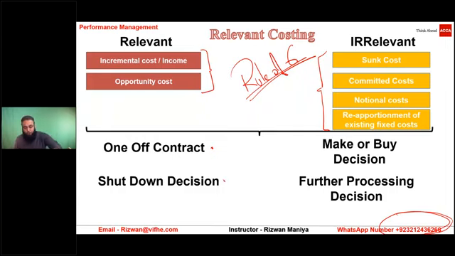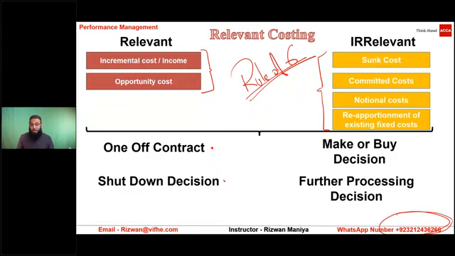For a shutdown decision, for example, there is an option to close a business on a temporary basis. The one that we just saw in the previous Alka Hotel question, they were thinking to close the hotel for Q1, and I did mention that fixed cost is a cost that you will incur in any case. That's a committed cost.